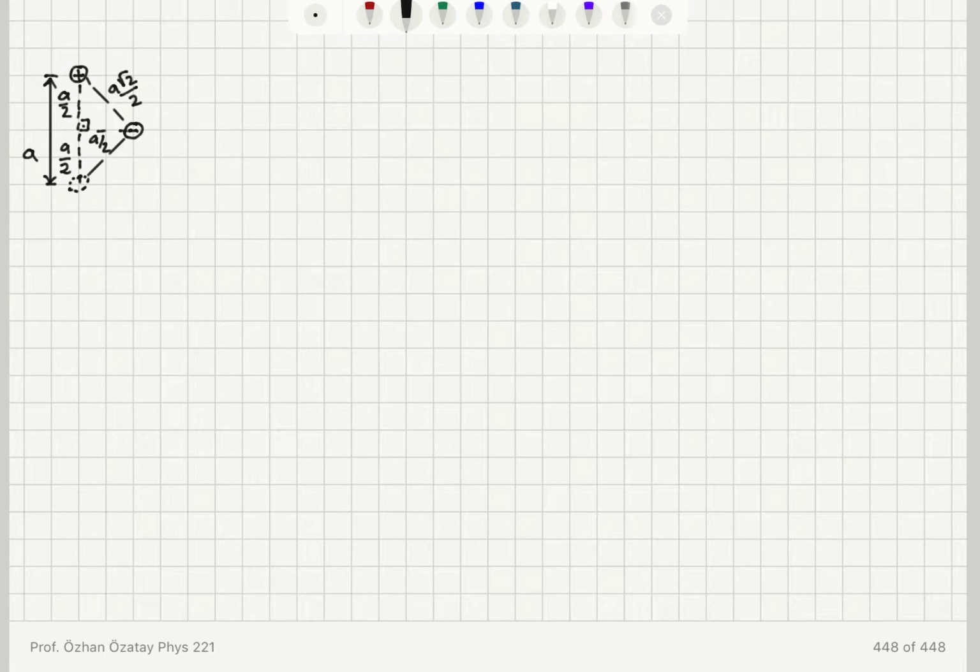So you would have a squared over 4 plus a squared over 4, which is a squared over 2, so the distance between the two charges in this case is a over square root 2.